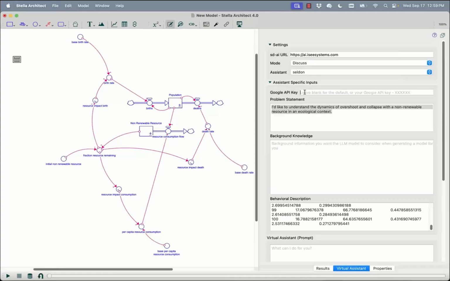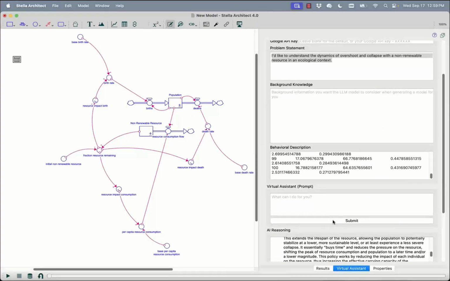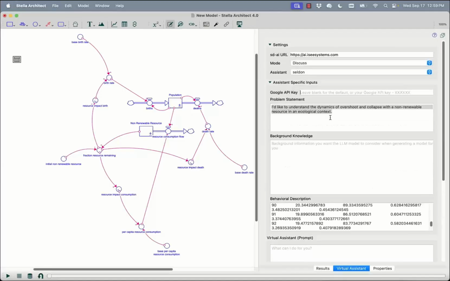These AI tools only ever communicate with the LLM when you hit the submit button. Stella will actually warn you if your model has never talked to AI before, that you're about to share everything in your model with the AI system. Are you really sure you want to do that?